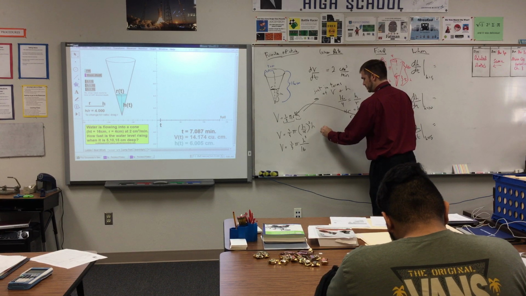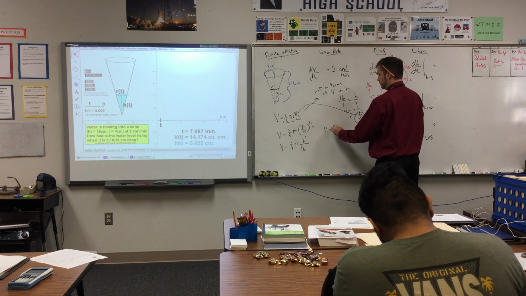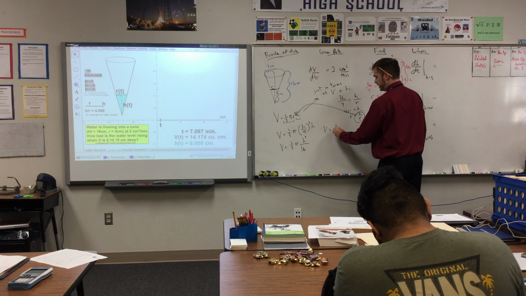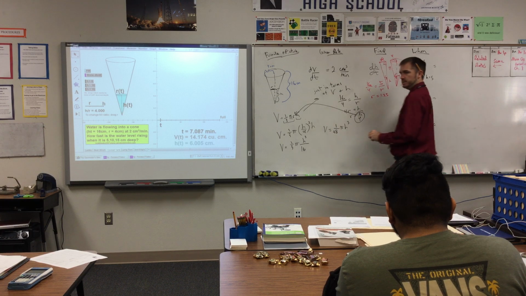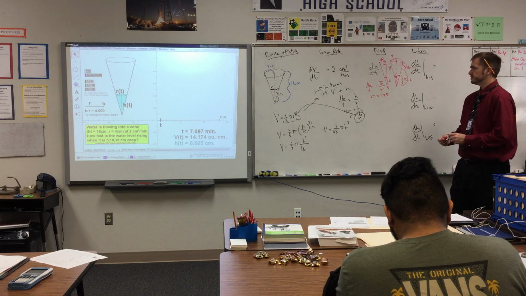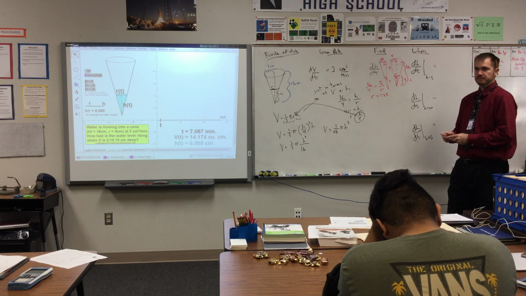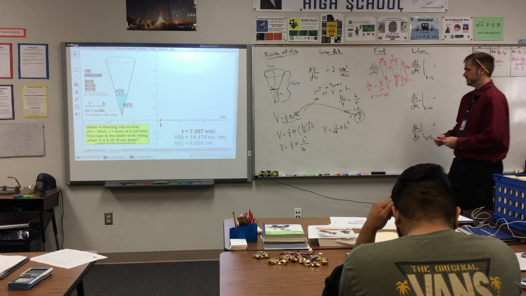Making this even more simple, the volume is 1 over 3 times 16, which is 48, pi h cubed. So far so good?